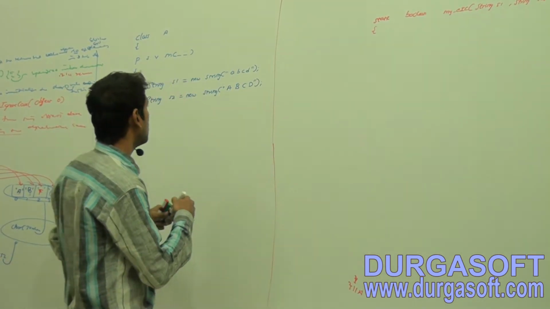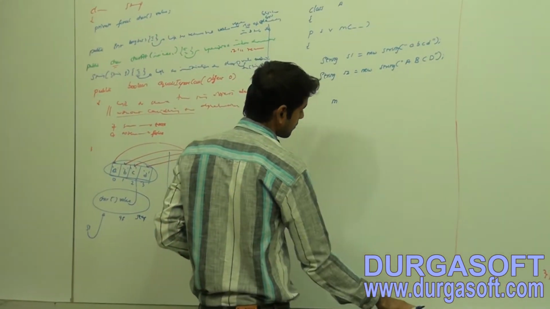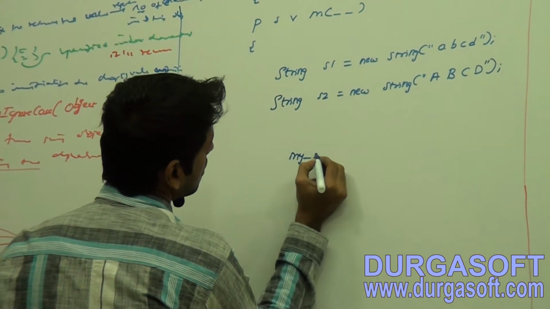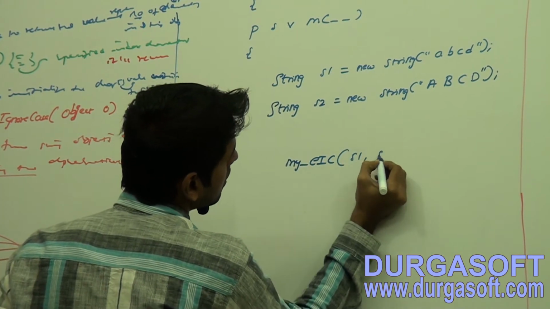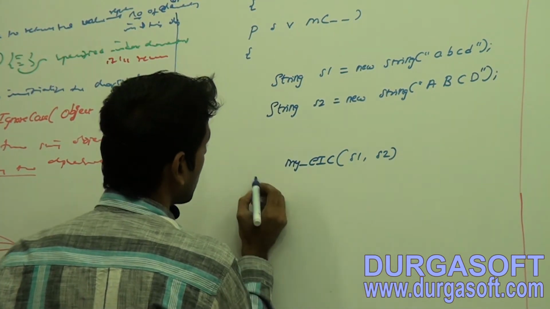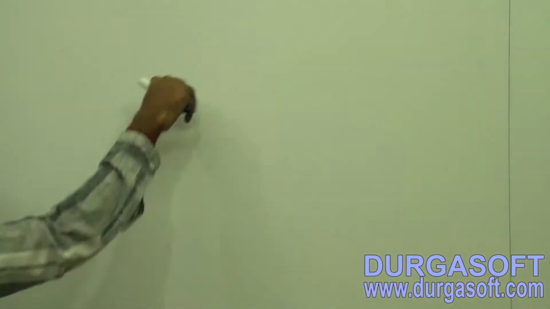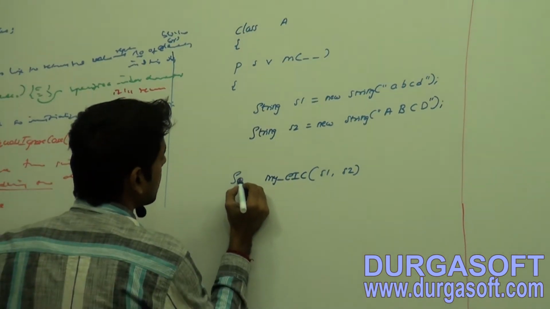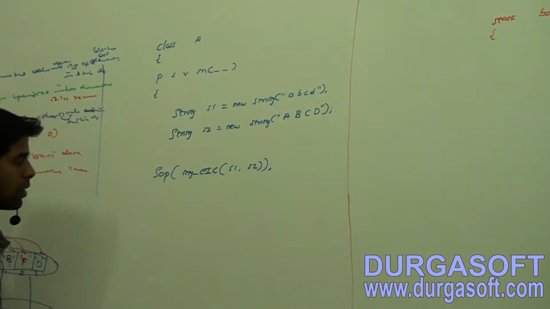So let me call my_EIC. Now pass s1 comma s2 references. It is returning a boolean value. Let me pass that as an argument to the system.out.println statement.